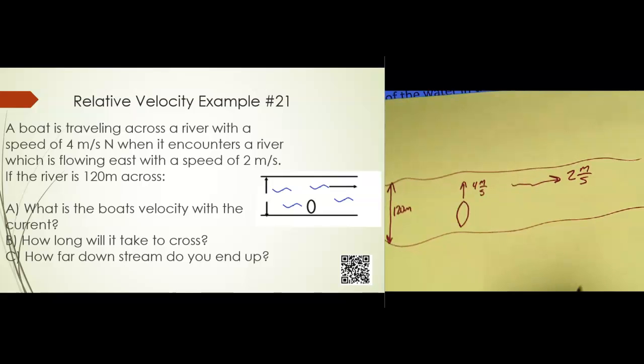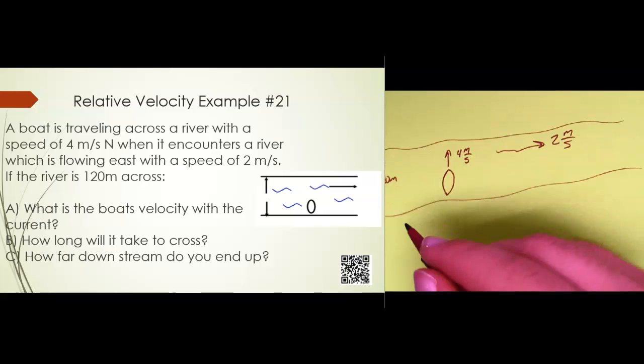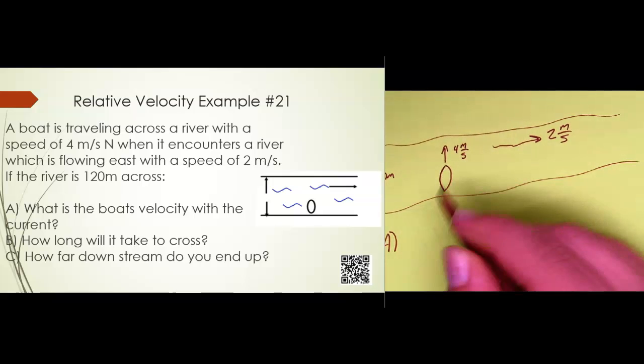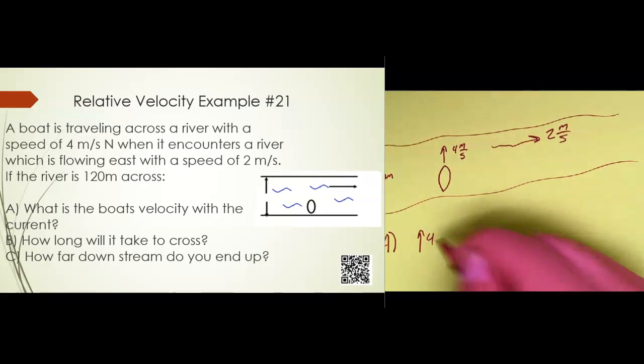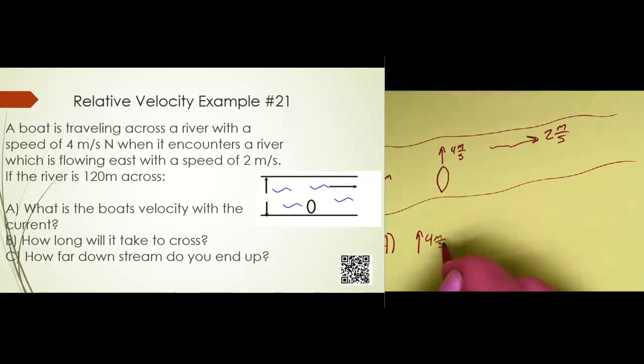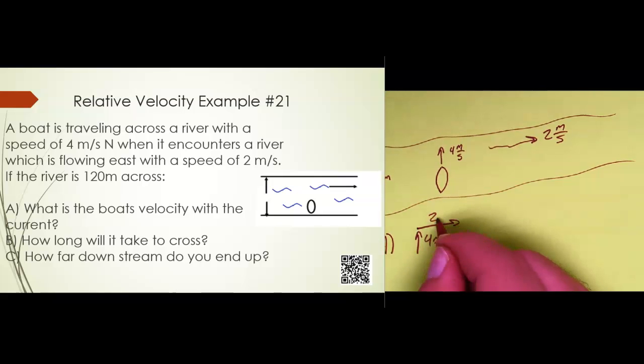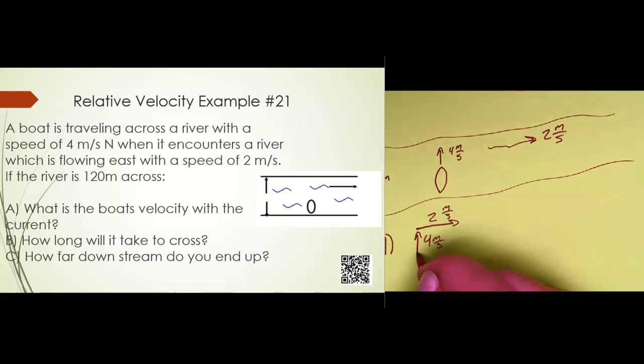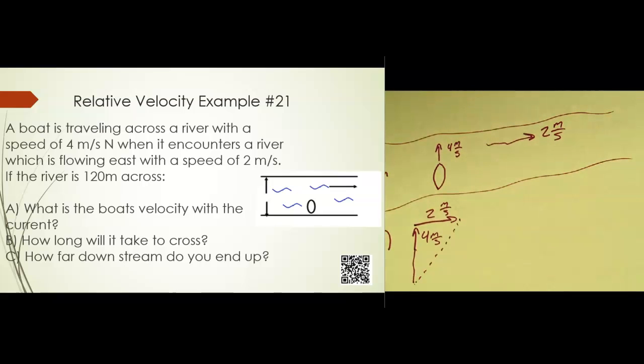Okay, so A says I'm traveling north at 4 meters per second. And then the current is taking me 2 meters per second. Okay, what is my hypotenuse going to be? A squared plus B squared equals C squared.